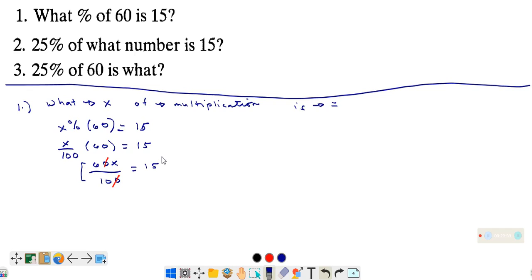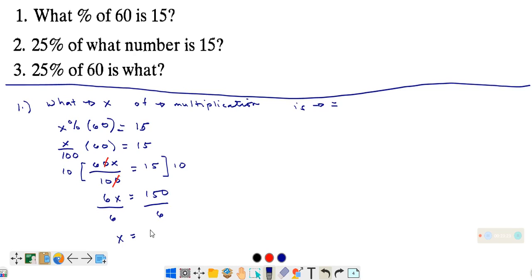Tanggalin natin si 100 sa denominator. Or kung gusto nyong pasimplihin, tanggalin na natin yung dalawang zero dito. Kasi para silang factors by 10, di ba? Ayan. So, you will be left with 10 na lang sa denominator. So, multiply both sides by 10.